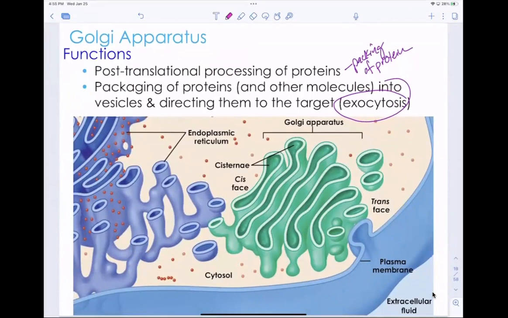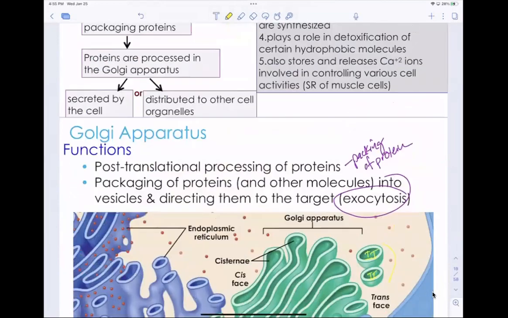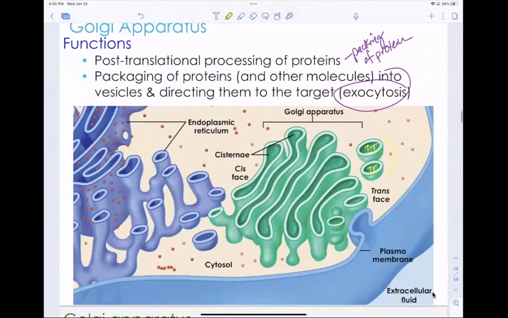So example of insulin. If this was a beta cell in the pancreas, the protein being formed would be insulin. The Golgi apparatus would read that the insulin is going to be put into these vesicles and stay and wait for the receptor to let the cell know when glucose goes up.